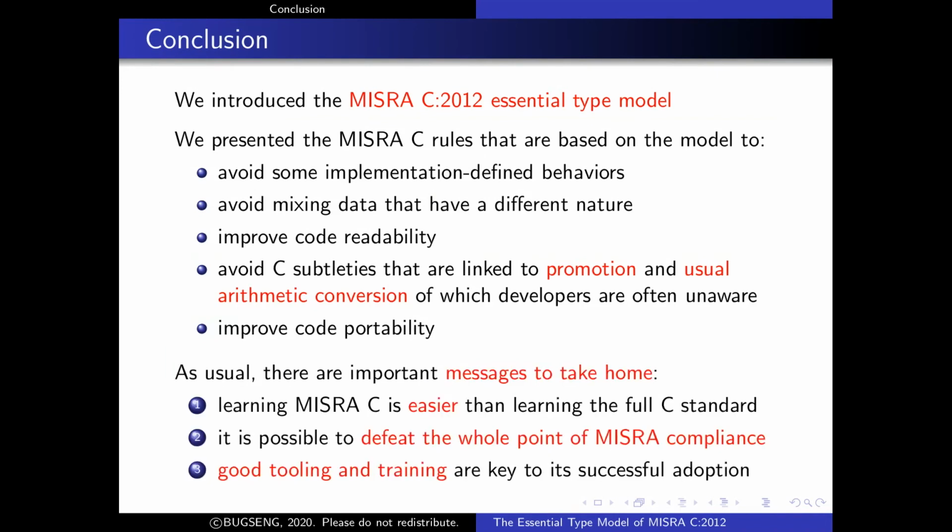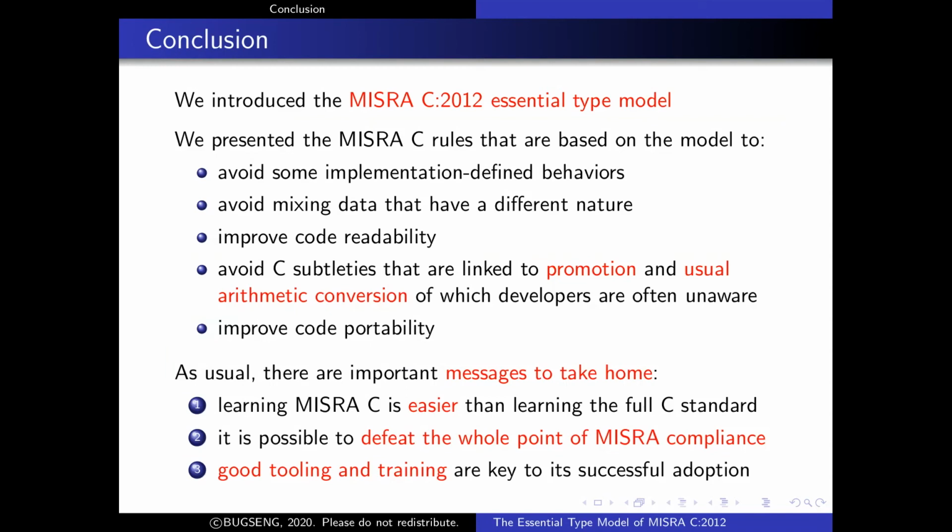There are, as usual, important messages to take home. So, despite the fact that in the polls I have chosen the most difficult question I could think of, and almost all the examples were chosen for not well-behaved expressions, learning MISRA C is easier than learning the full C standard.